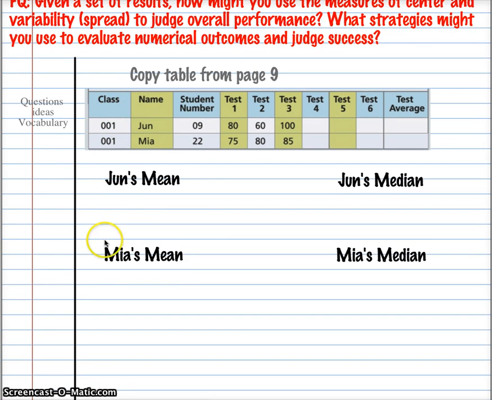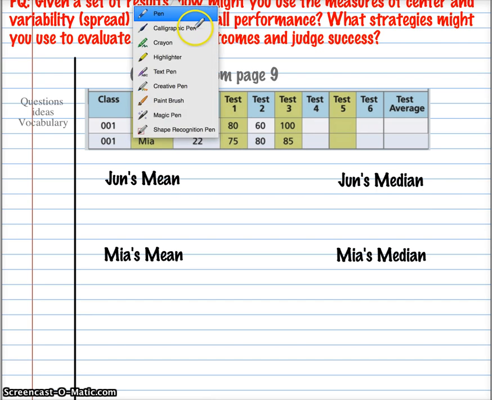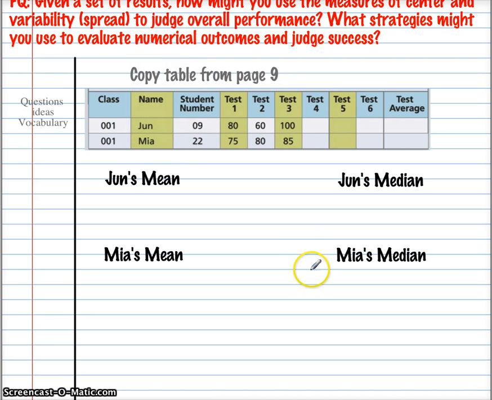So these are measures of center. Measures of center are the different ways of finding the middle of a set of numbers. So I have a set of numbers here. Let's find the middle.